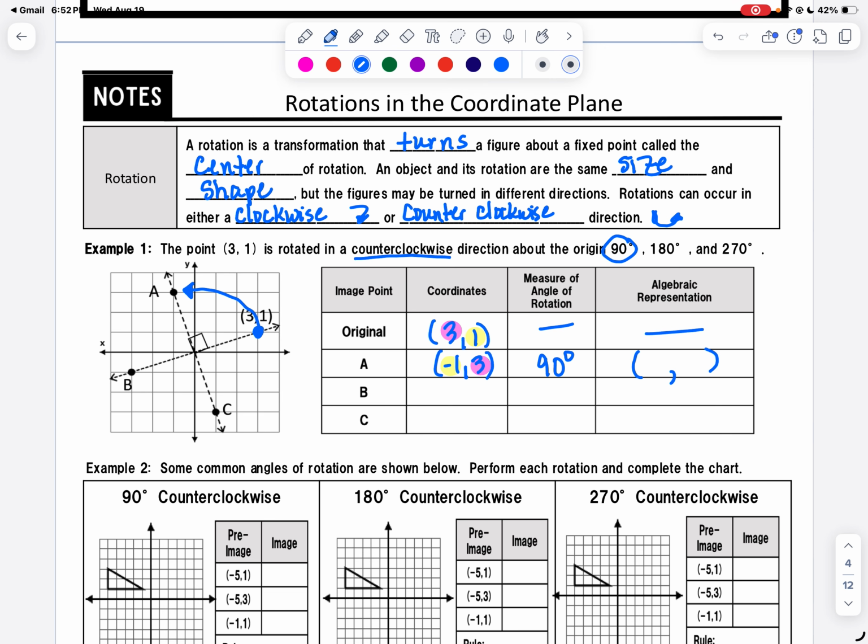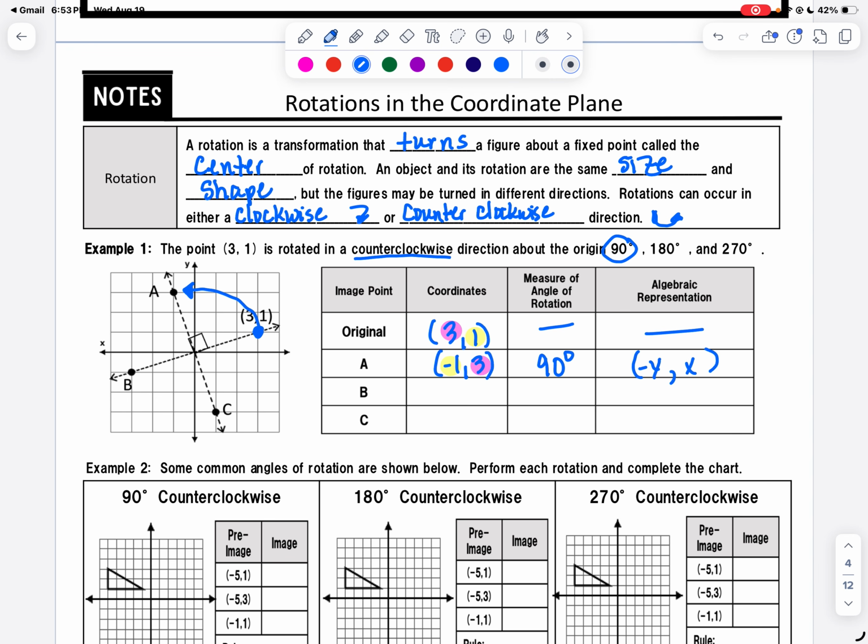So the way we represent that is we swap the x and y, so instead of (x, y), we'll have (y, x), and then we take the opposite of the original y value. So I'm going to put an opposite symbol right here. Our algebraic representation for a 90 degree counterclockwise rotation is (-y, x).